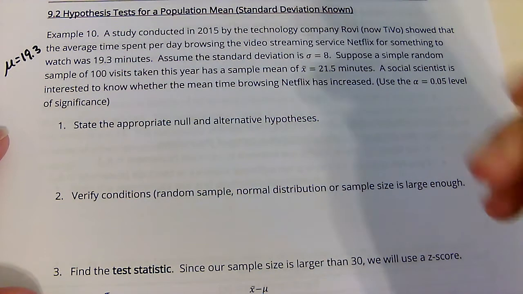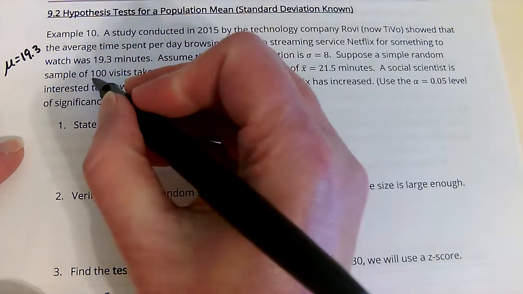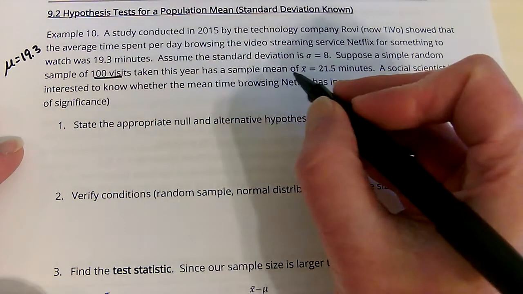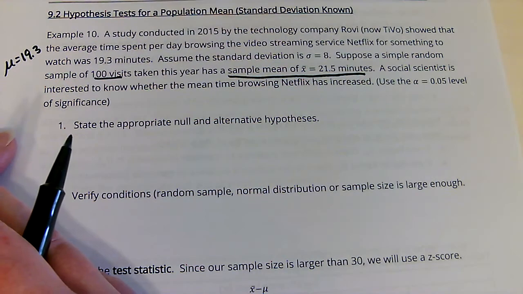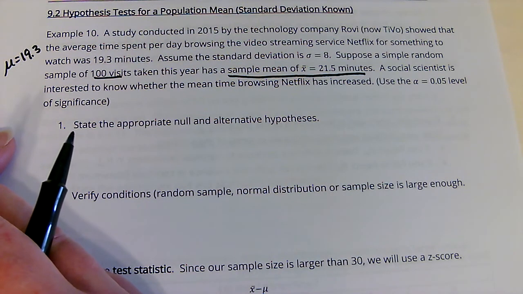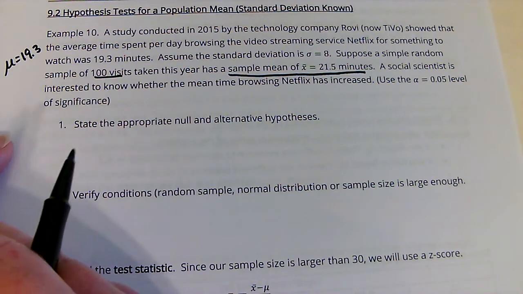So this does make sense in this case. Suppose they take a simple random sample of 100 visits and the mean of the sample is 21.5.